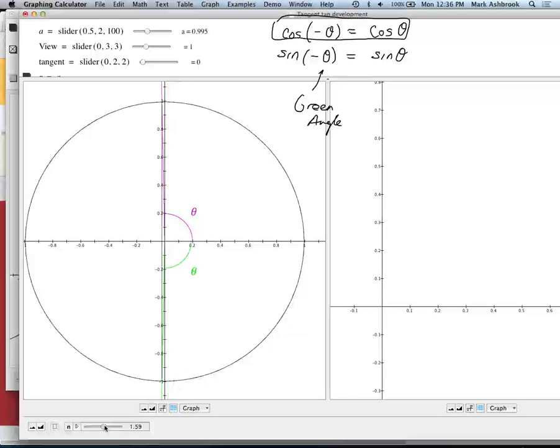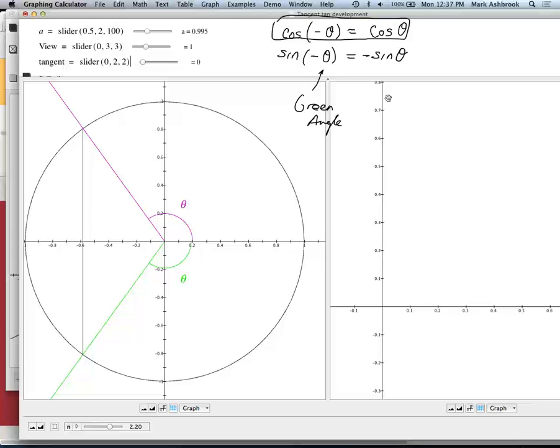So what about the sine of the opposite of theta? Does it equal sine of theta? But what does it equal? The opposite of sine, right? Because for this first, you see that all those sine values are positive. We get the same distance, but now it's below. So we've got to take the opposite of sine to get the sine value of the measure of the green angle. Okay, 2 more identities.